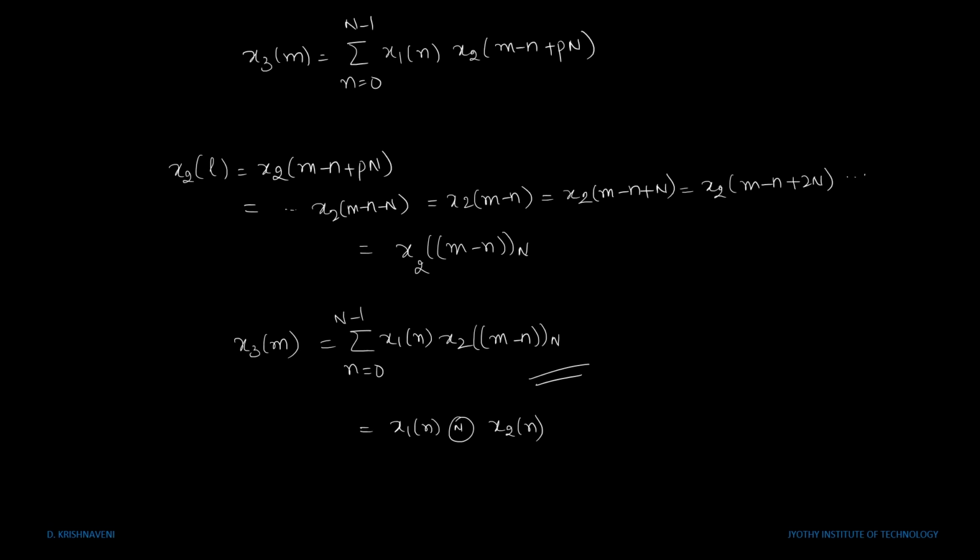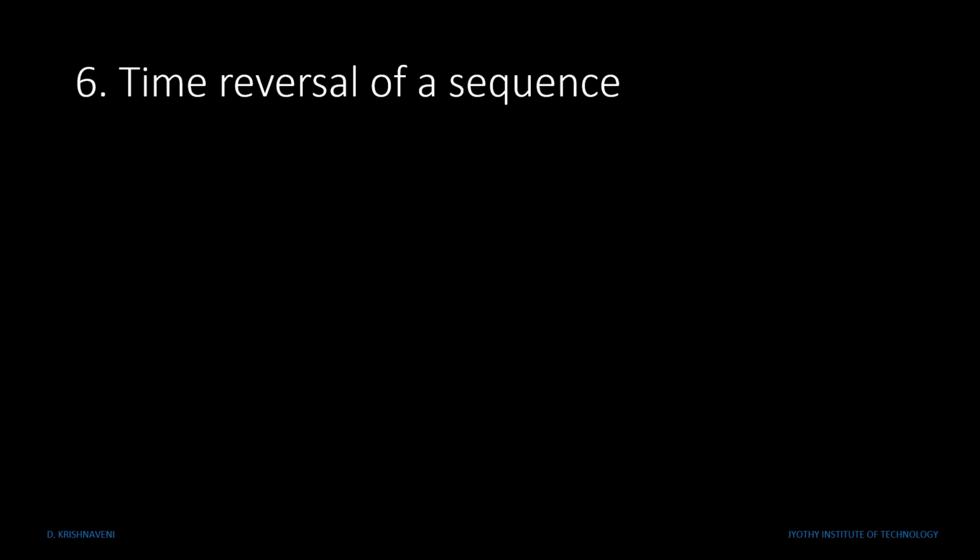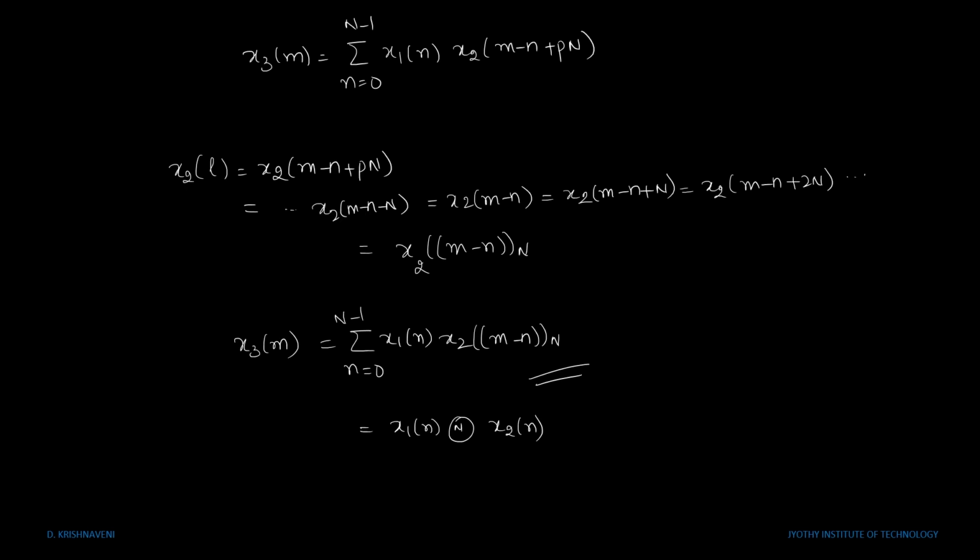And in short, we can find out the circular convolution of the two sequences by making use of the matrix method. You can see that one sequence is circularly shifted and multiplied with another sequence and the summation of the product is taken.